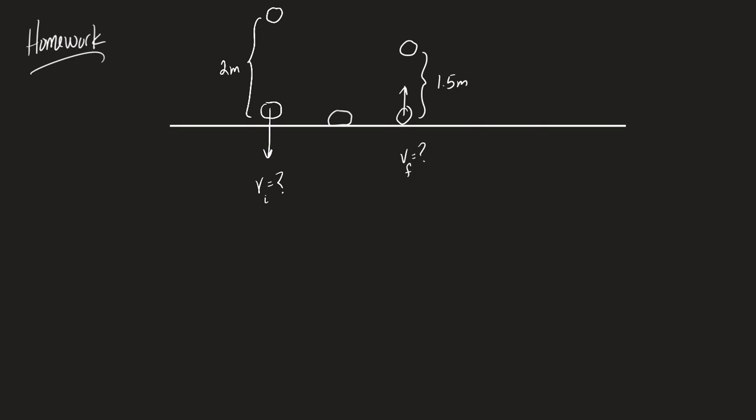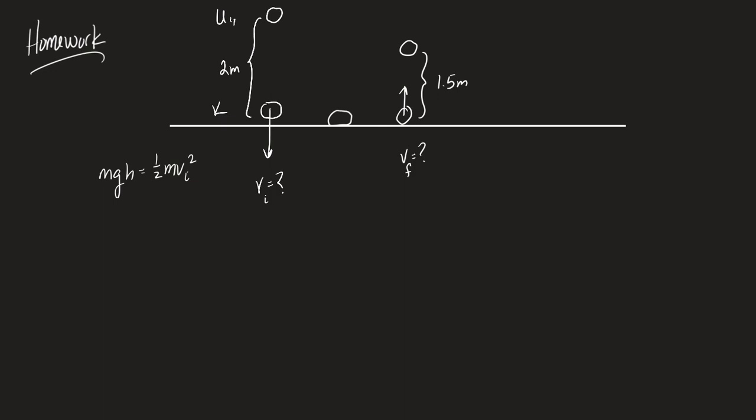So I'm going to use conservation of energy because it's faster, but you could use motion equations, that would work too. So I'm going to say that it had gravitational potential energy when it was released and kinetic energy right as it hits the ground. So I'll say that mgh is equal to 1/2 mv initial squared.